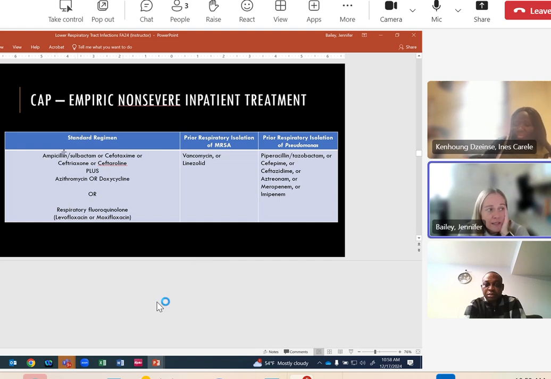So this is very similar to the outpatient regimen. Same with the respiratory fluoroquinolone. The difference here is that these beta-lactams are IV. Okay, so they will work a little bit quicker. Okay, they have a little bit better systemic bioavailability.